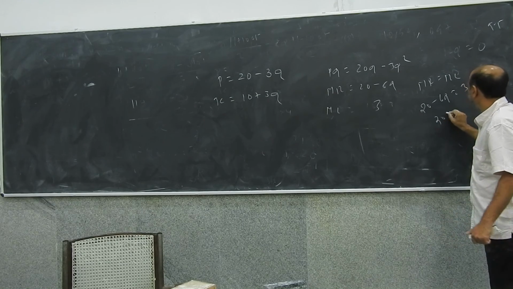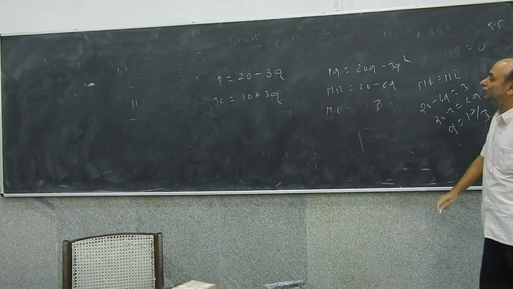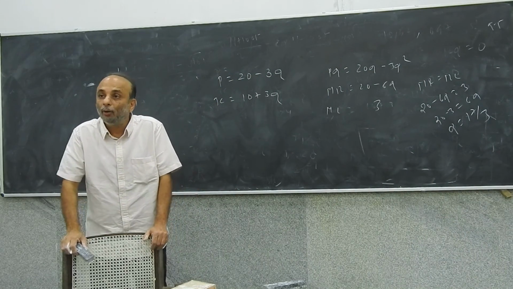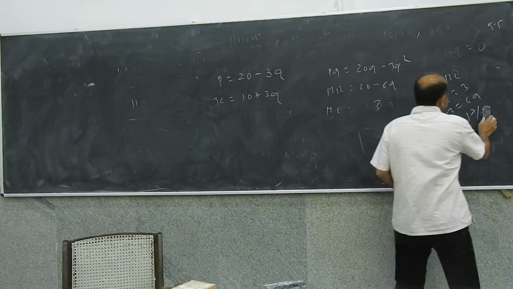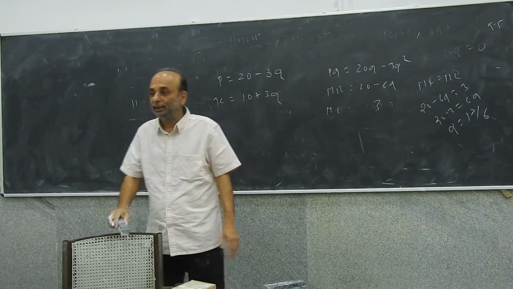And 20 minus 3 is equal to 6Q, so Q is equal to 17 by 6. That will be the monopoly output, 17 by 6.